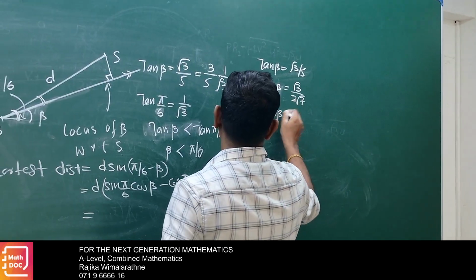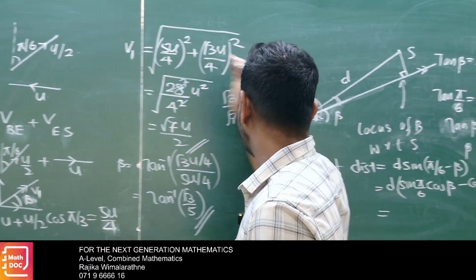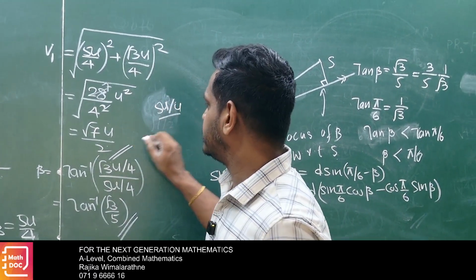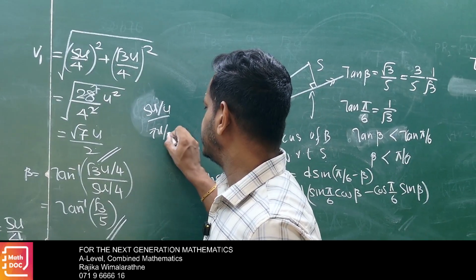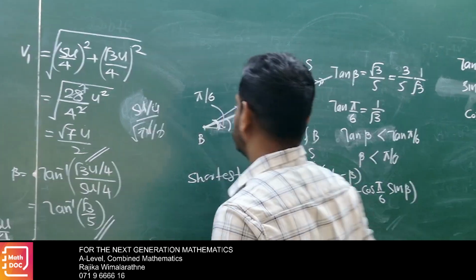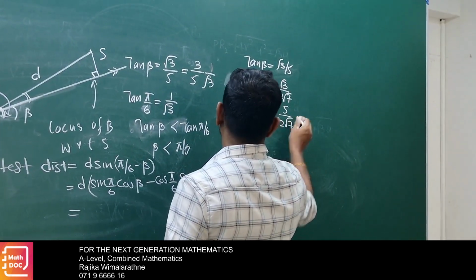Cos beta value is 5u over 4 divided by root 7 u over 2, so 5 over 2 root 7.